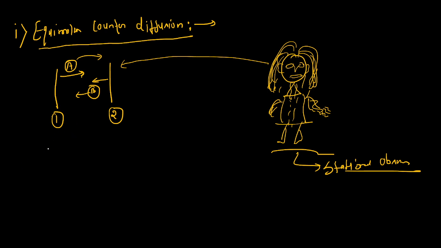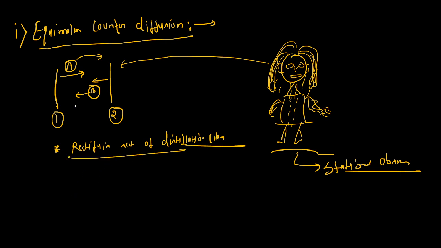One very important point: this particular example is seen in the enriching section of the distillation column. So what is happening here?